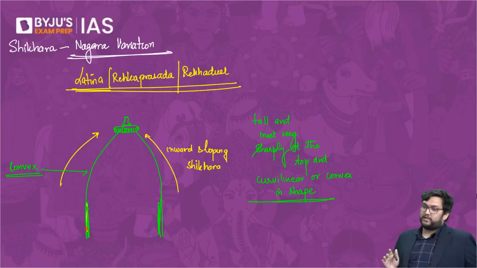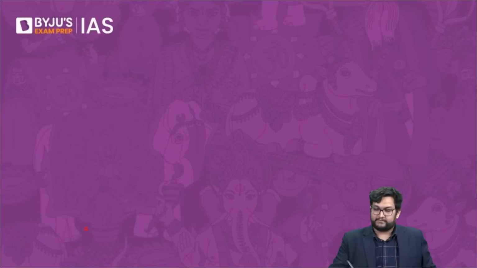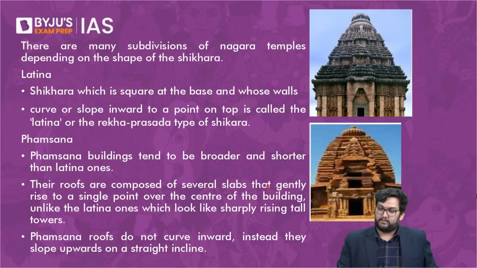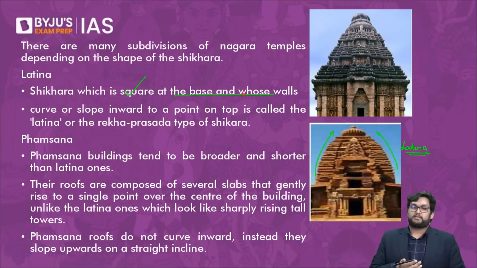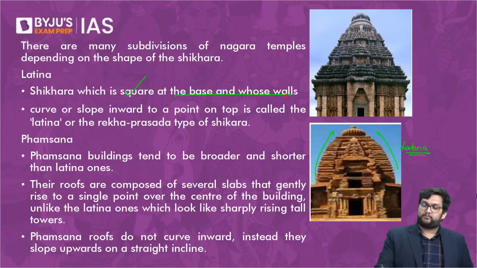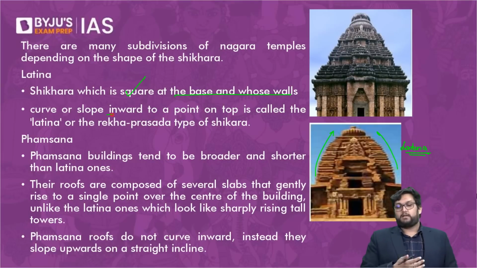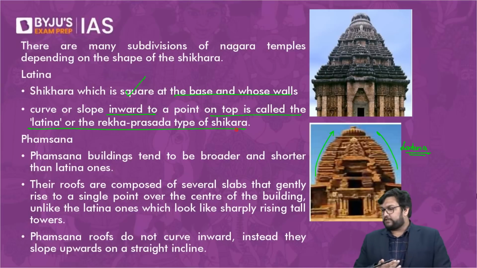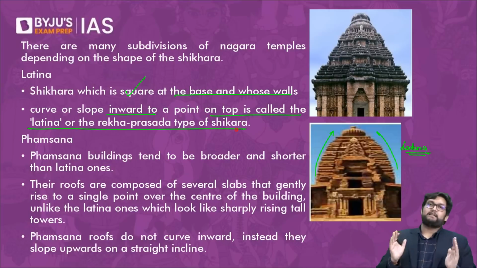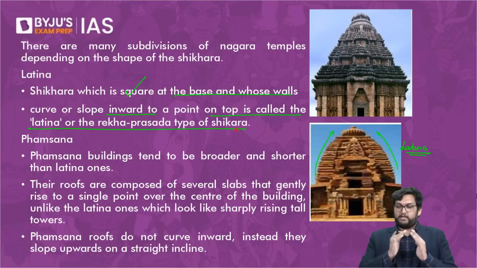Just to show you a Latina, this is a Latina. You can see Latina. Square base along with those walls curve or slope inward at that point, that they call Latina, Rekha Prasada or Rekha Dyul. And basically they are curvilinear, means they are meeting quite quickly on the top.